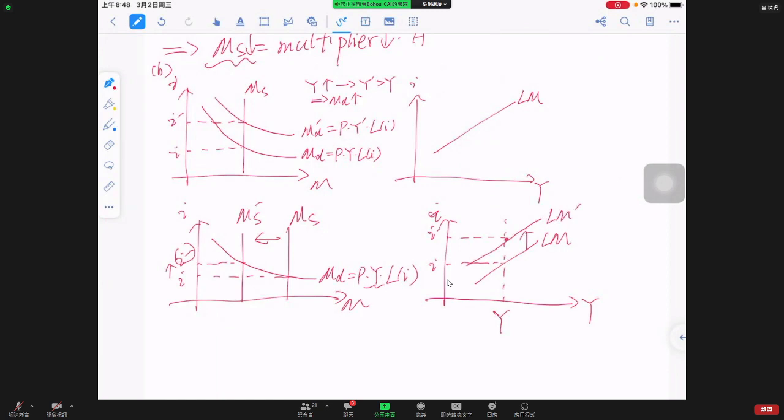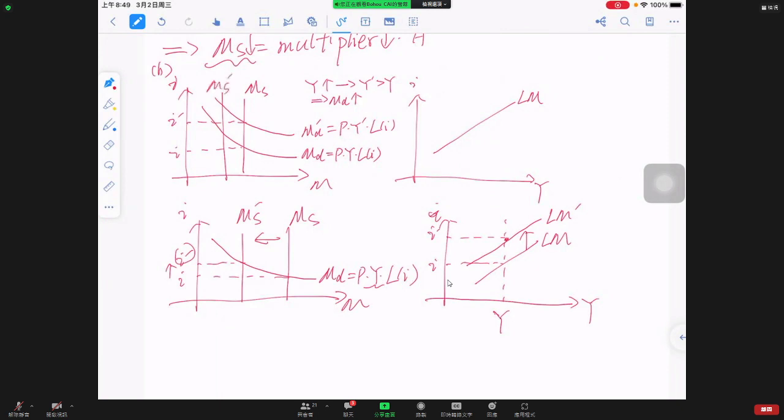There's a question: for 3B, can I display the change in the original diagram? Sure. You can draw it here. Yeah, you can just draw it like this.